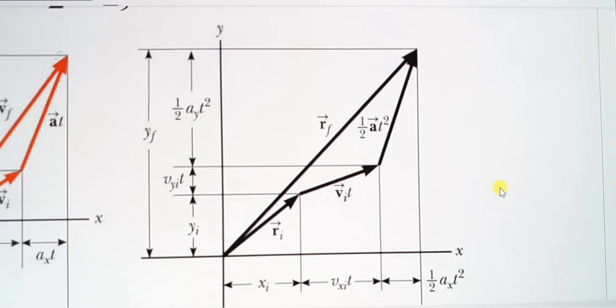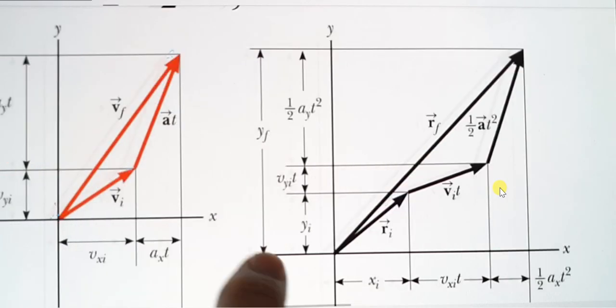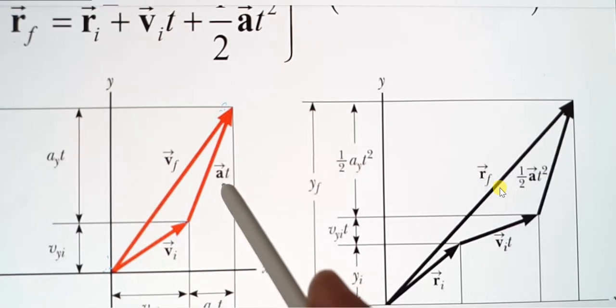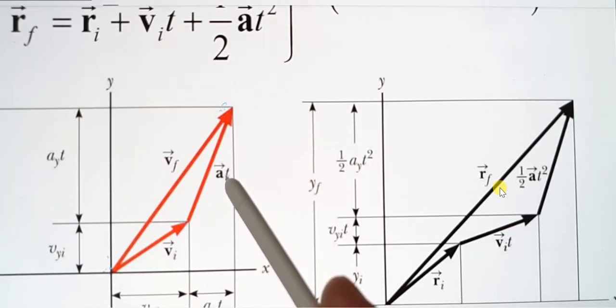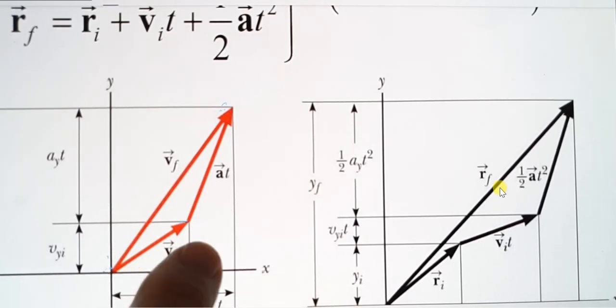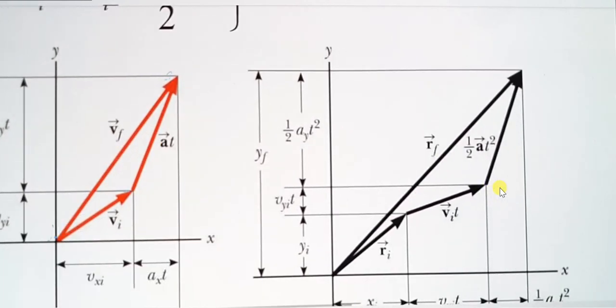Should the units be the same? Of course. Even here, the unit is meter per second. Here, meter per second squared multiplied by second is meter per second. We are adding the same quantities with the same units.